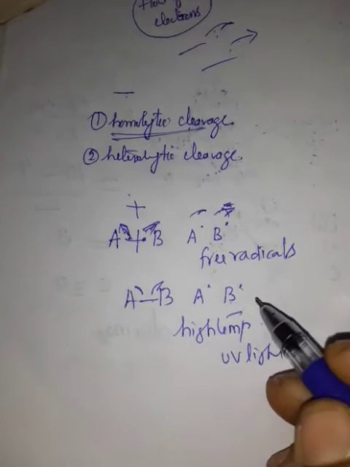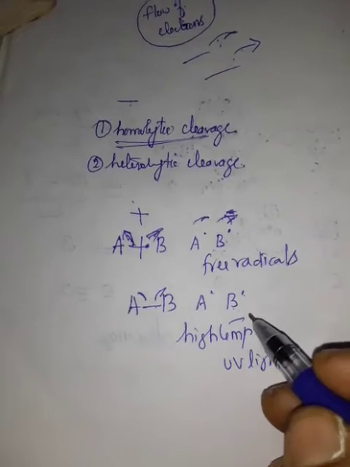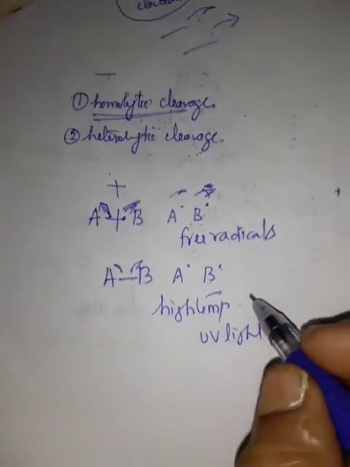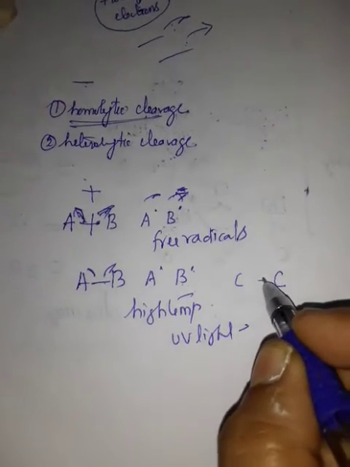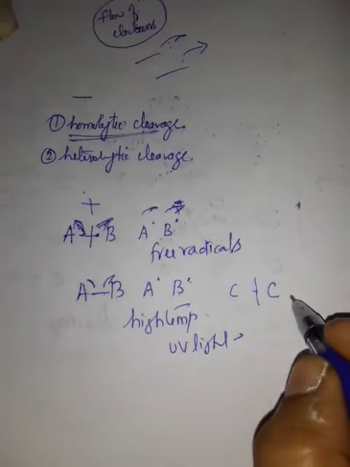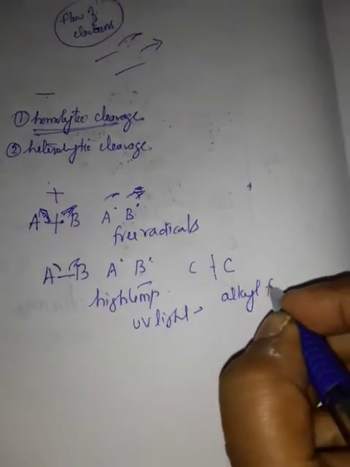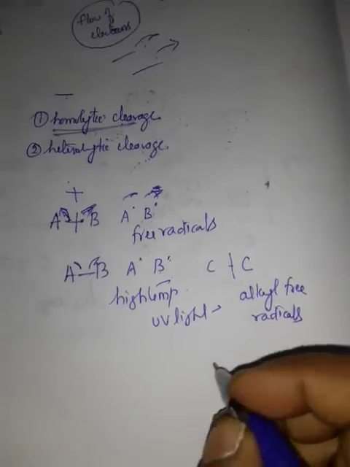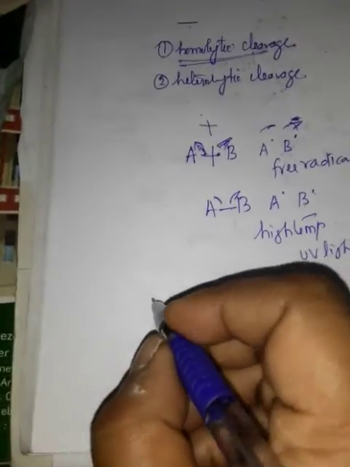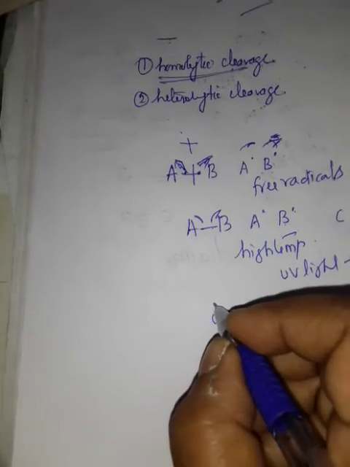So, in organic reactions which involve homolytic fission, for example if there is a C-C bond, the bond breaks and forms alkyl free radicals. This is a methyl group, a methyl free radical.